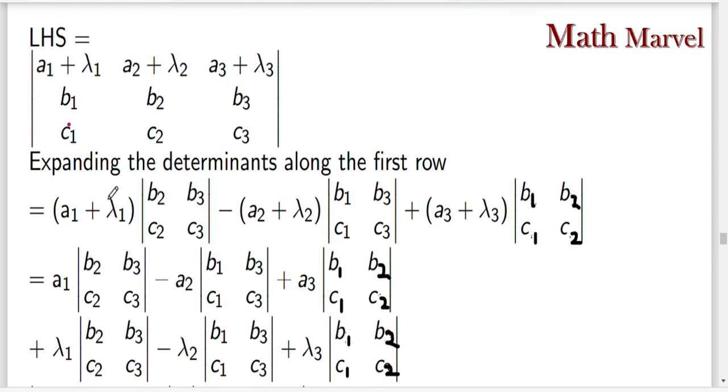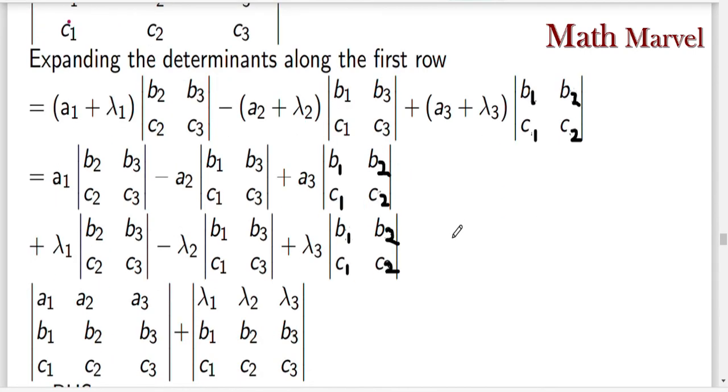Now hide this row and this column. So we have b2, b3, c2, c3, minus second element a2 plus lambda 2. Hide this row and this column. So b1, b3, c1, c3, this one, plus a3 plus lambda 3. Okay, right here. Now hide this row and this column. So we have 2 by 2 determinant b1, b2 and c1, c2. Okay, so this type of value we get.